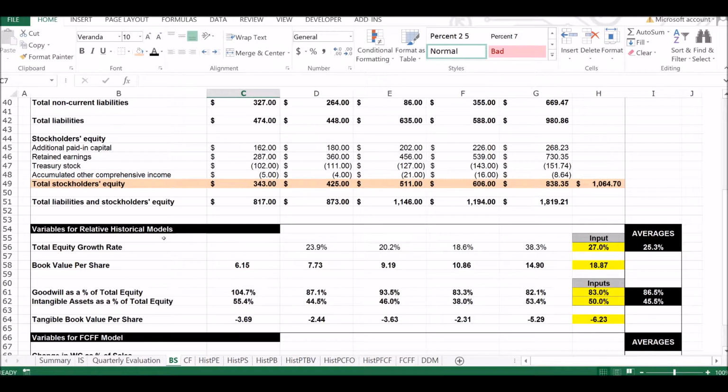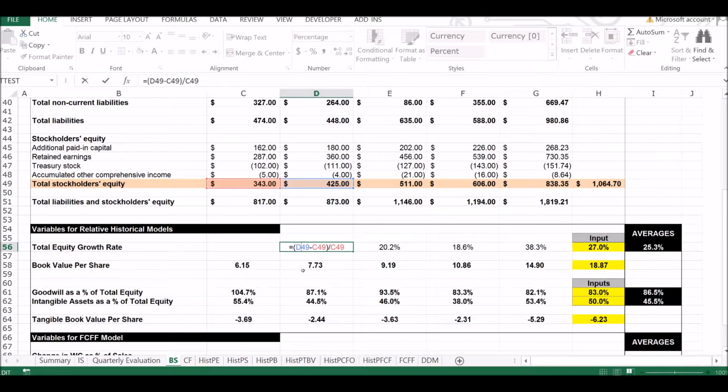The first thing you're going to want to look at here is total equity growth rate. You're going to need this to figure out the percentage of total equity that is goodwill and intangible assets, which will ultimately lead you to your tangible book value per share. You'll see that the total equity growth rate is equal to that particular year minus the year before, divided by the year before, and that just gives you the growth rate from year to year.